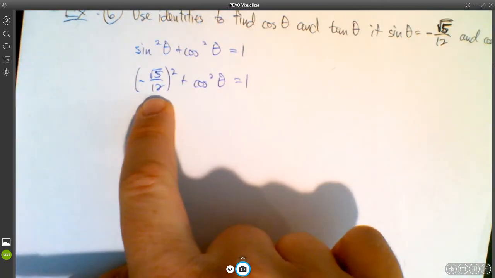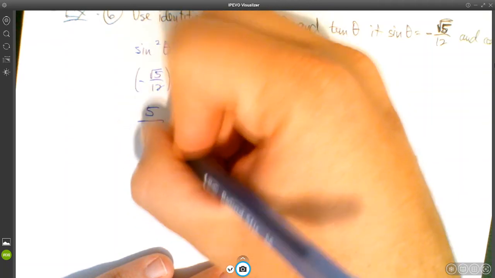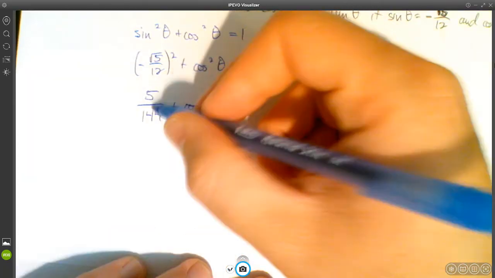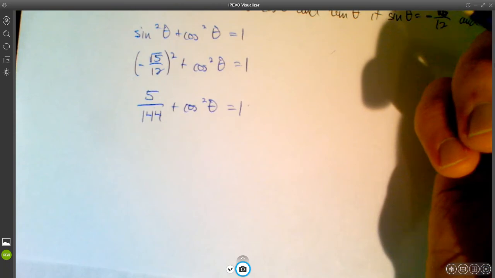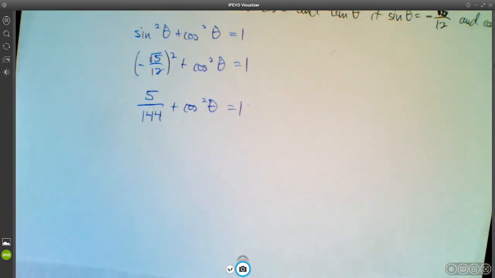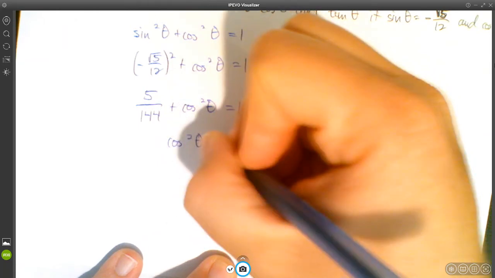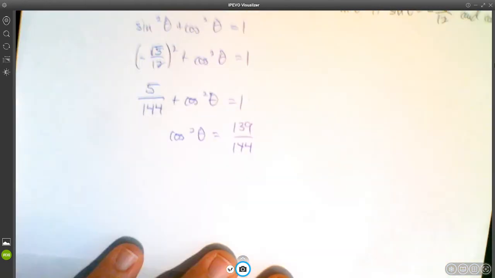So if we square this value, we're going to get positive 5 over 144. Then if we move that over to the other side, 1 is the same thing as 144 over 144, right? And 144 minus 5 would be 139. I'm not sure why I chose such nasty values, but that's life, I guess.